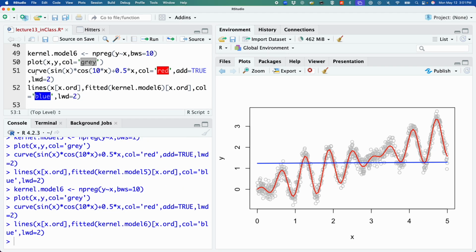At a certain point, it just becomes flat, and this value here is going to be equal to the average y value of all the points in your data. Okay? Any questions?